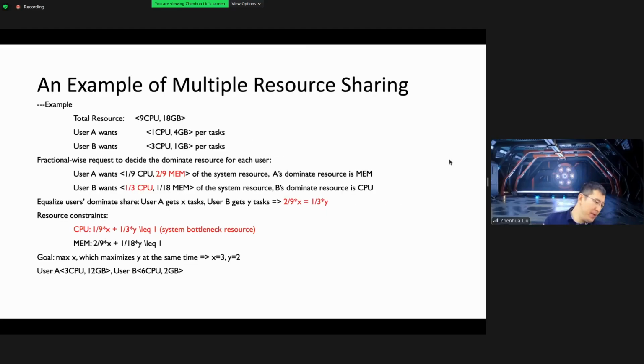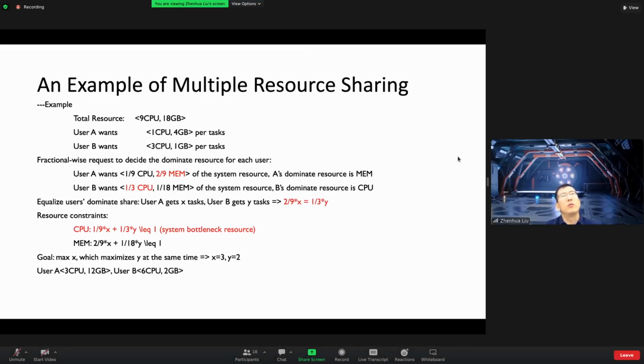Okay, now let's pay attention to this one. So this is an example of multiple resource sharing, this allocation, right? Not the quiz we will do next Tuesday, but for future quiz, right?